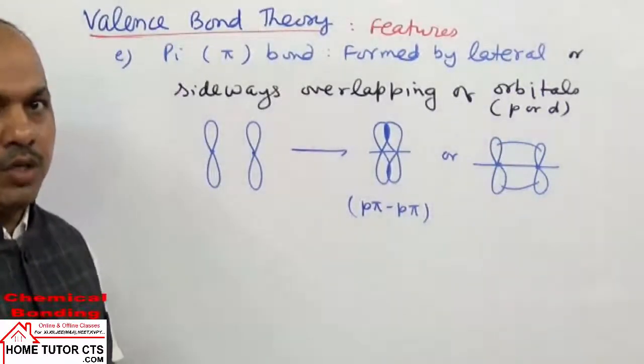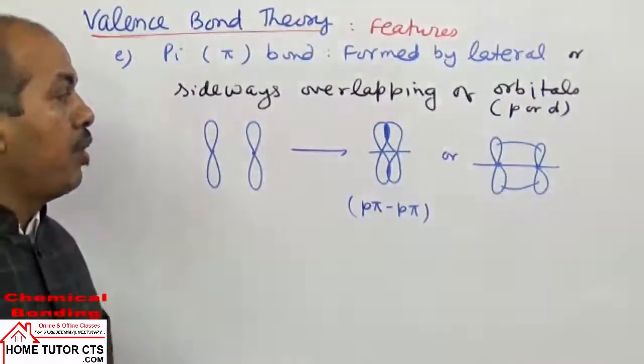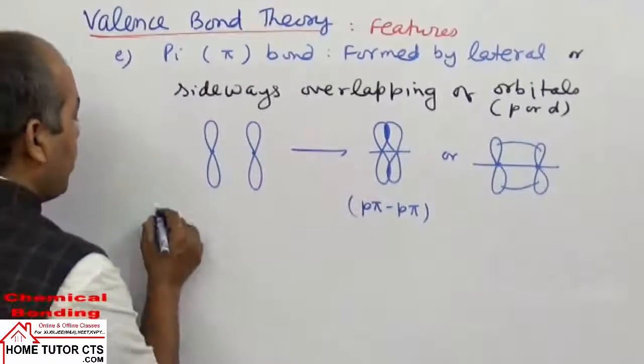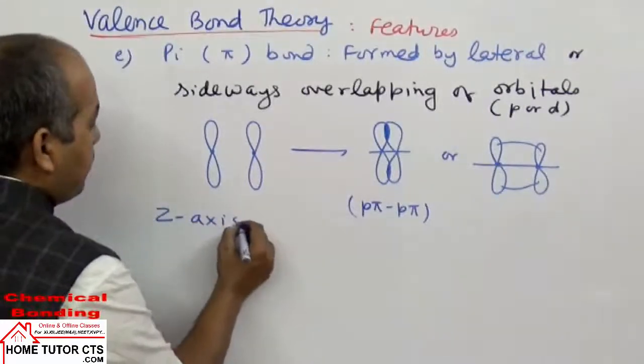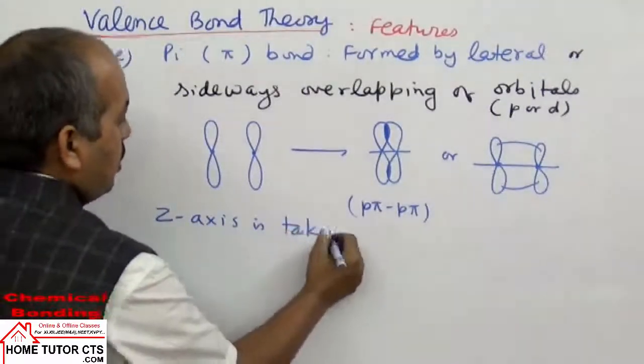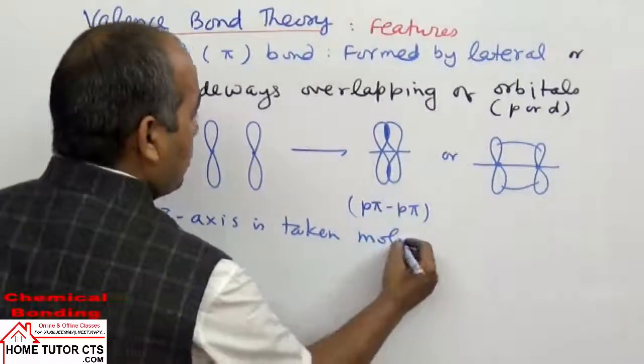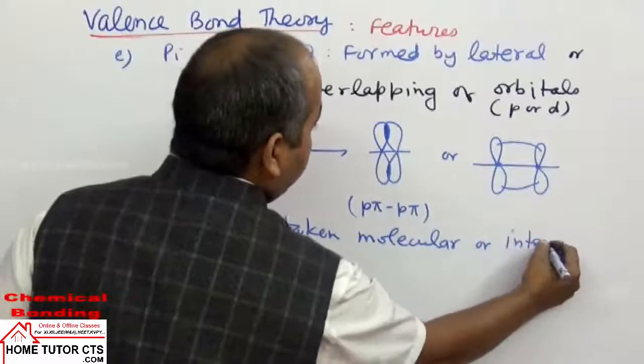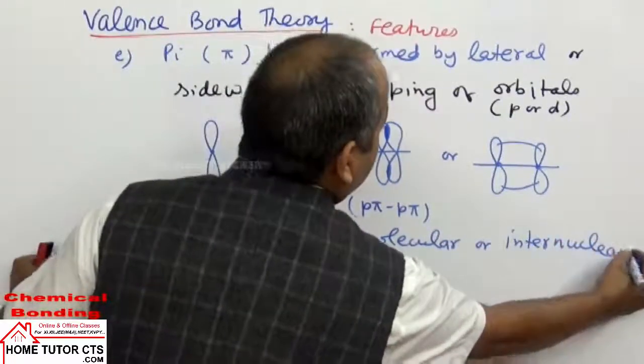It depends on which axis is taken as the molecular axis. In general, the z axis is taken as the molecular axis, also called the internuclear axis.